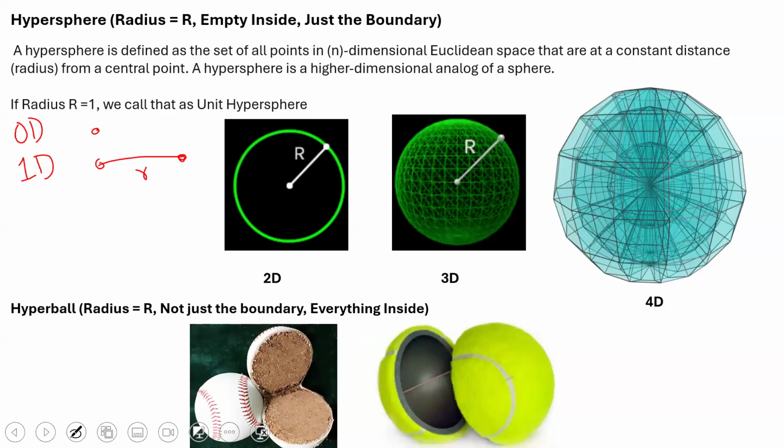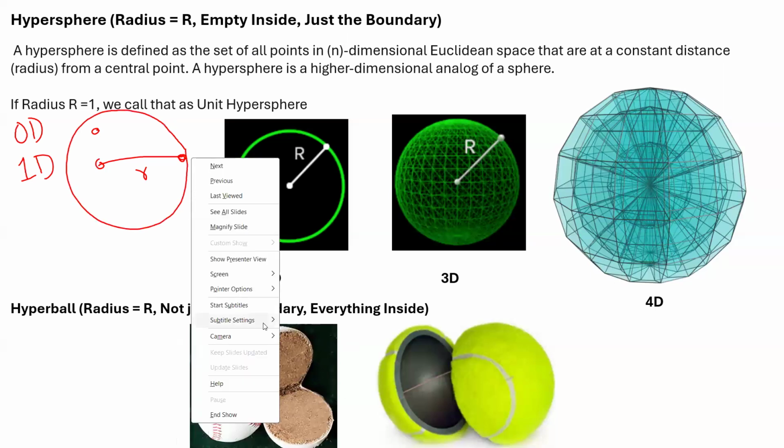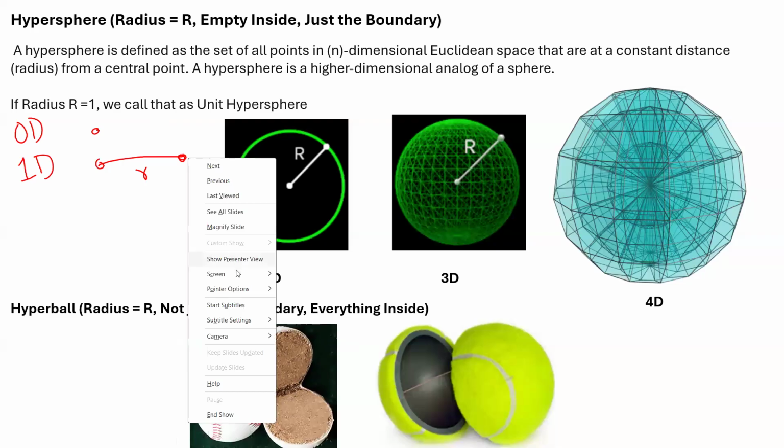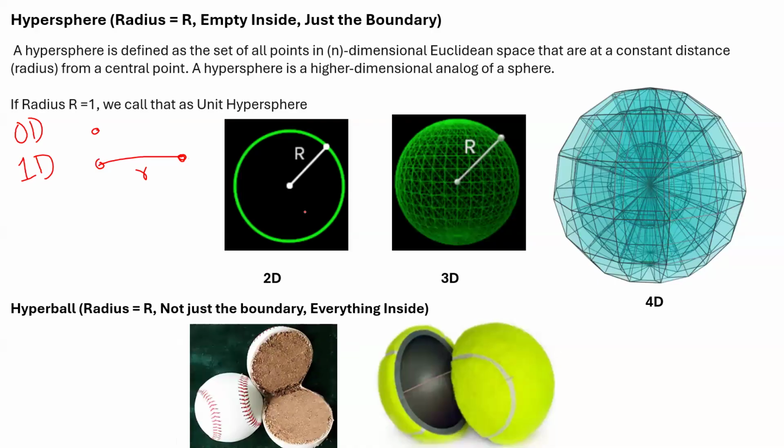When it comes to 2D, all the points at equal distance from the center form a circle, like what we have seen here. So in one dimension it is the radius, and in two dimensions it forms a circle.